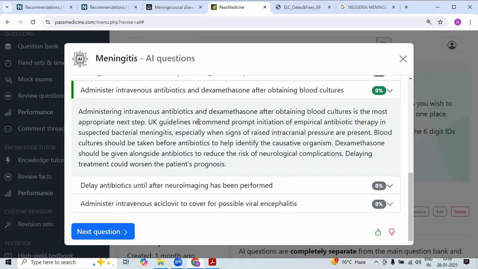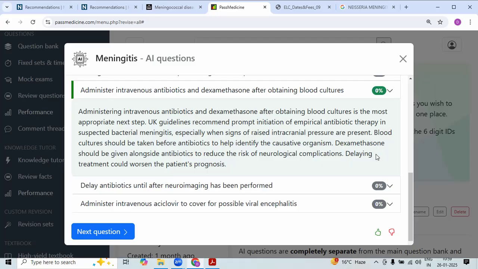The UK guideline recommends prompt initiation of empirical antibiotic therapy in suspected bacterial meningitis, especially when signs of raised intracranial pressure are present. Blood cultures should be taken before antibiotics to help identify the causative organism, and dexamethasone should be given alongside antibiotics to reduce the risk of neurological complications.